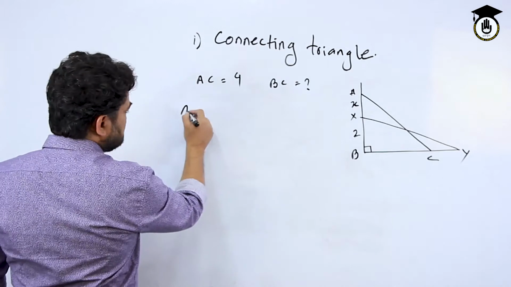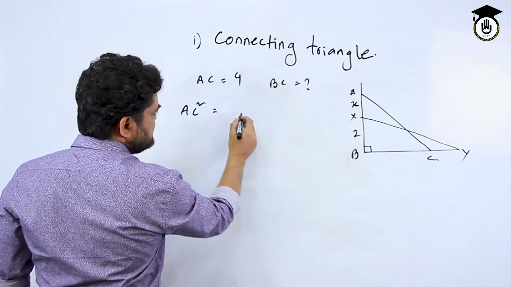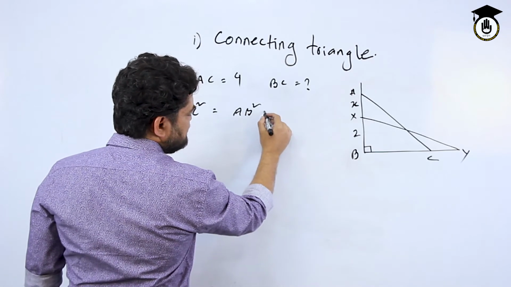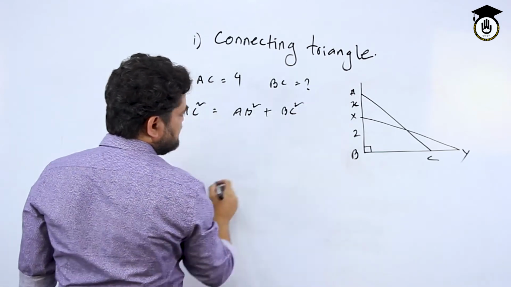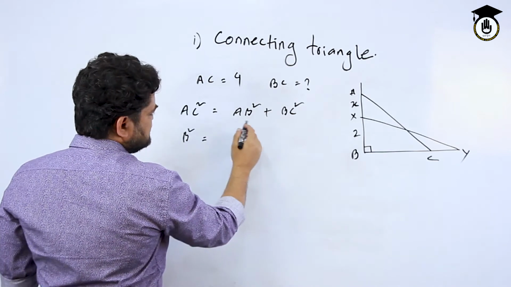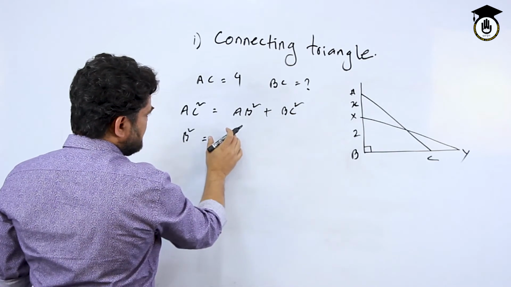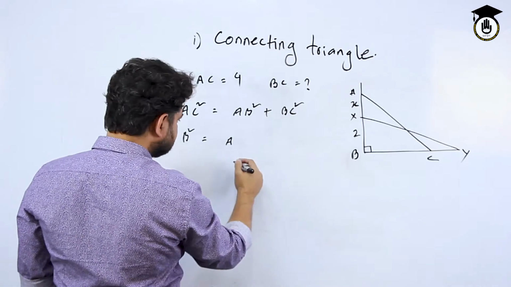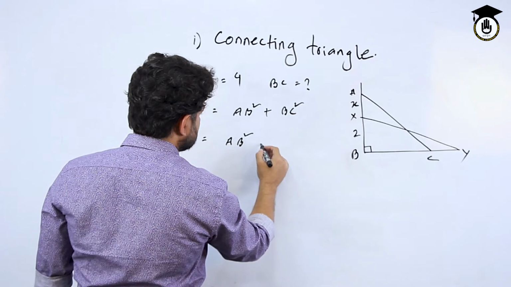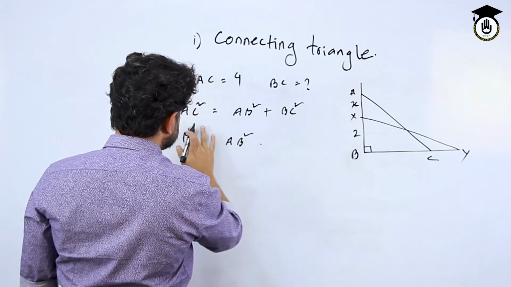As we know the logic, square of AC is equal to the two sides, AB square plus BC square. So to find BC square, I will write AC square minus AB square, or you can write it as you feel free.